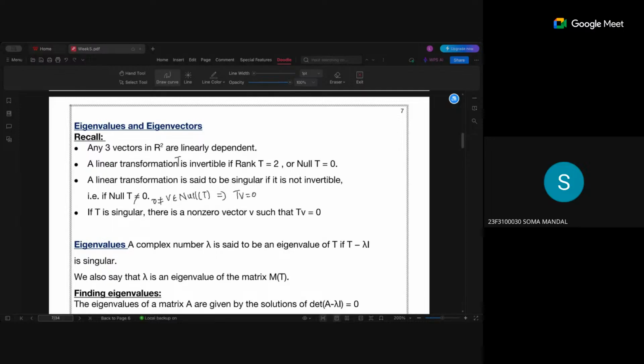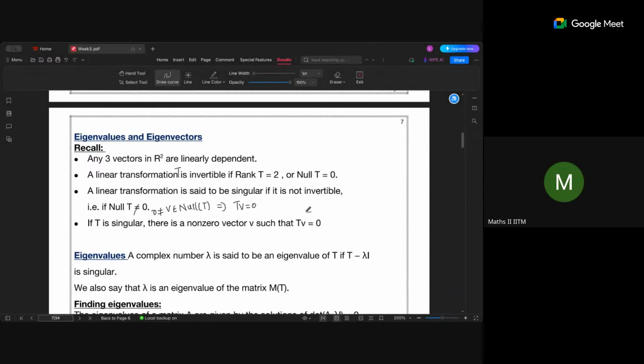Yes or no? Ma'am, can you give one example? Okay, sure. See, first of all, why is it non-zero? Can anyone tell? When the transformation is singular, that is not invertible, why is the null non-zero? Why does it have to be non-zero? Okay, I will give you the hint. Use rank.